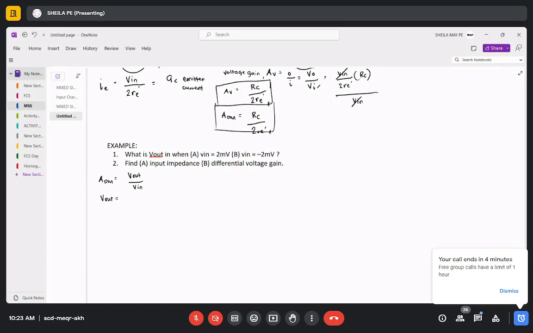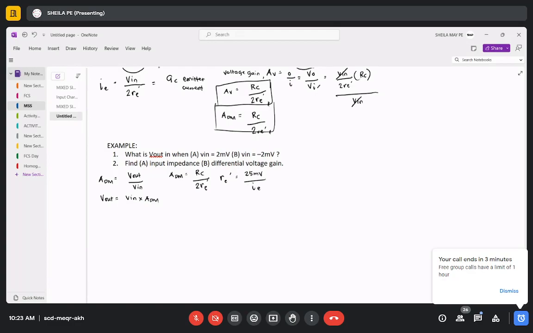If we want to have our V out, so that's V in times ADM, right? Now, given V in is given 2 millivolts, we don't have our differential mode voltage gain. In finding our ADM, okay, remember that's RC over 2 RE prime. In getting our RE prime, that's 25 millivolts over IE.